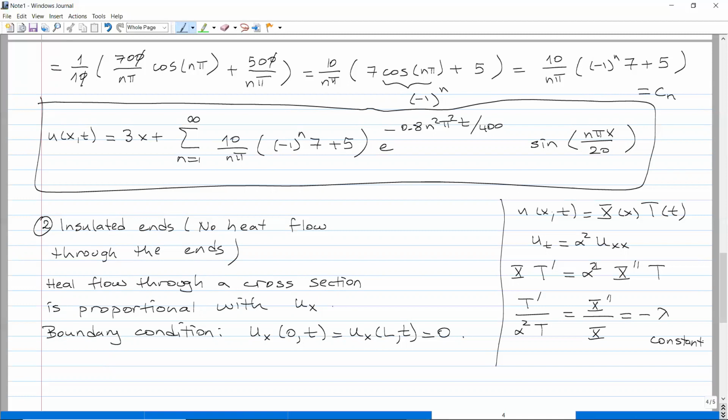So we get the pair of equations, X double prime plus lambda X is equal to 0, and T prime plus alpha squared lambda T is equal to 0. So these are the pair of equations.